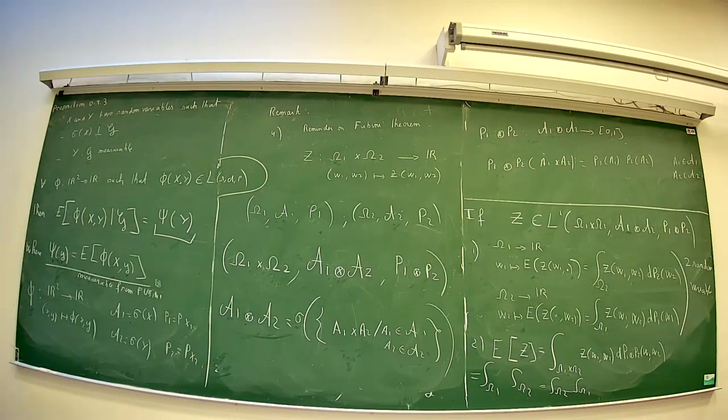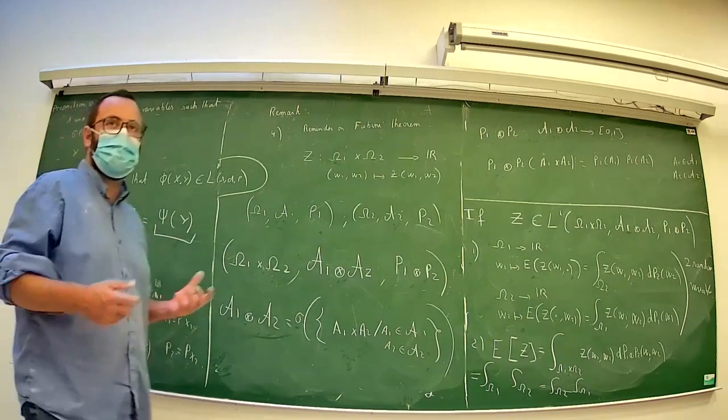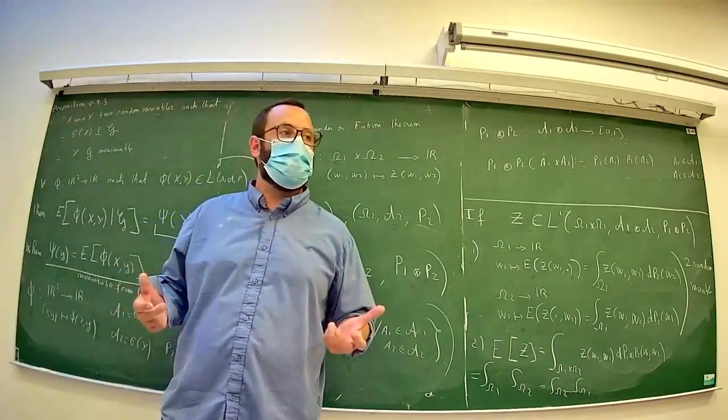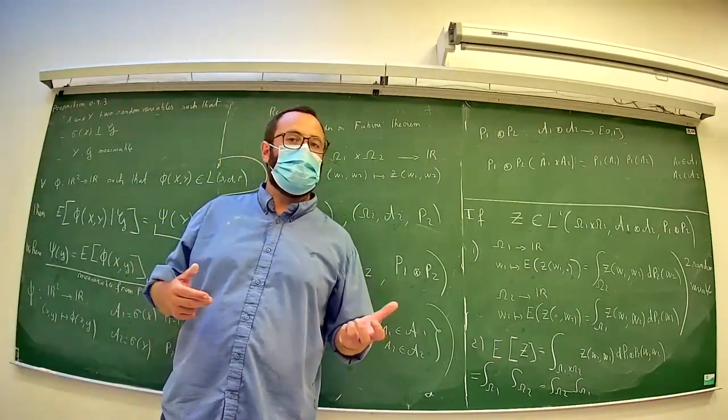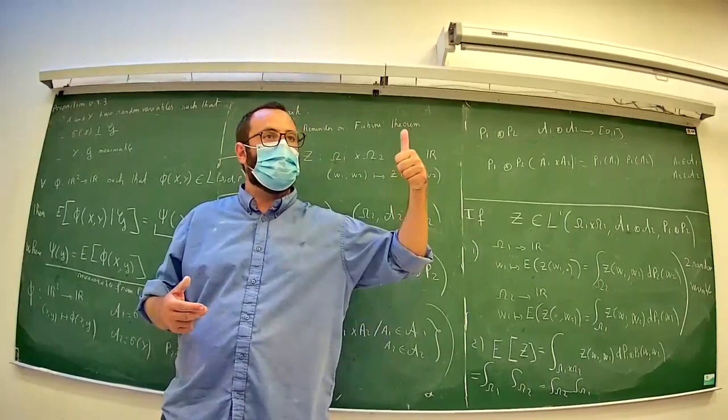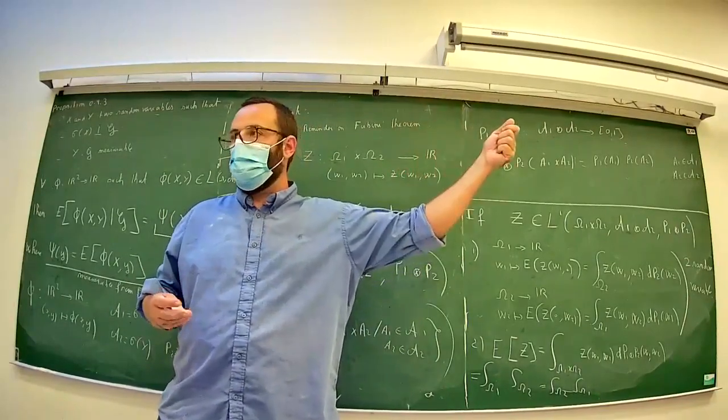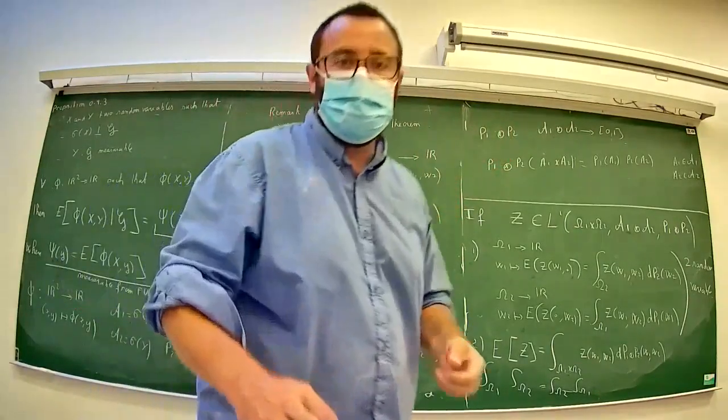I will finish quickly the chapter concerning conditional expectation, and I will start the chapter concerning stochastic processes. So try to be comfortable with the notion of measurability, because dealing with stochastic processes is just extending what you know about measurability to the case where you don't have a single random variable, but a family of random variables. Okay? See you.